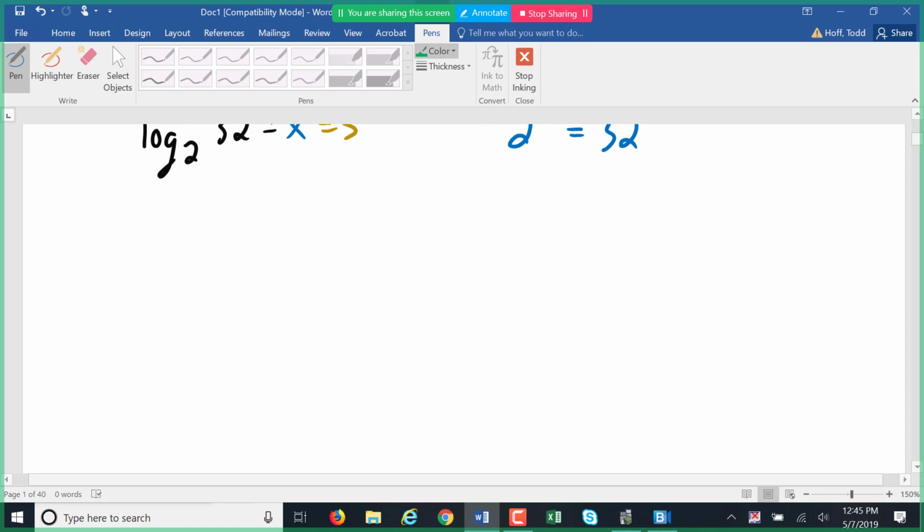So in your notes, I want you to try to find for me log base 4 of 256.